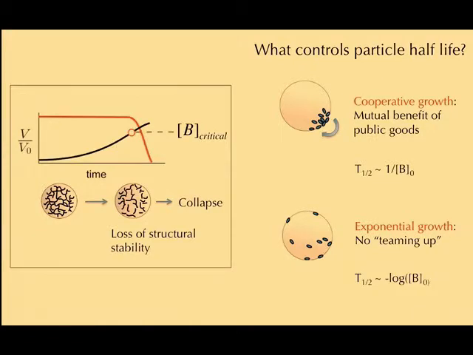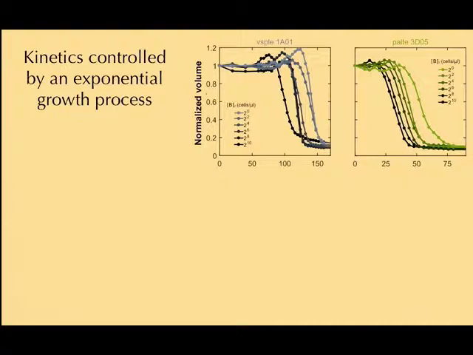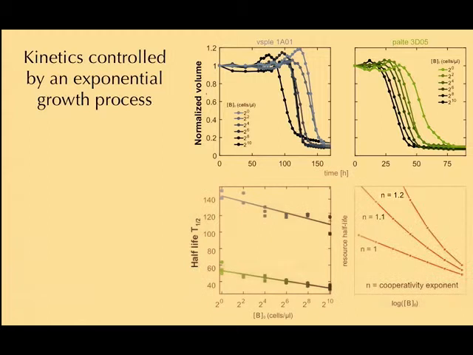Obviously we did experiments. This is a nice one. Here we're just diluting the initial number of cells, and you see it takes longer and longer the more diluted the initial condition was. And this is in logarithm scale. Sure enough, the half-lives depend linearly on the logarithm of the number of cells, which indicates that there is no cooperativity.